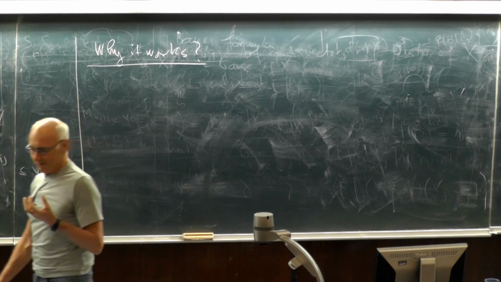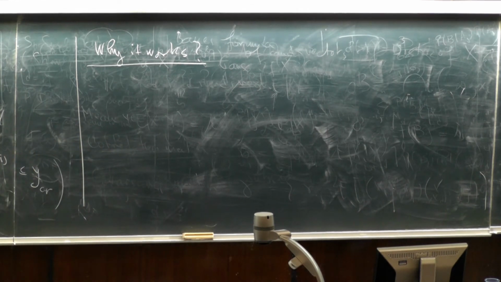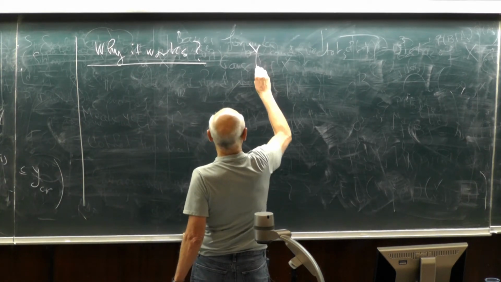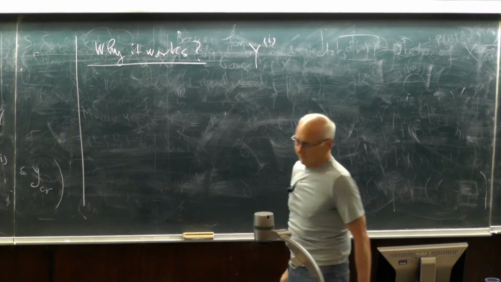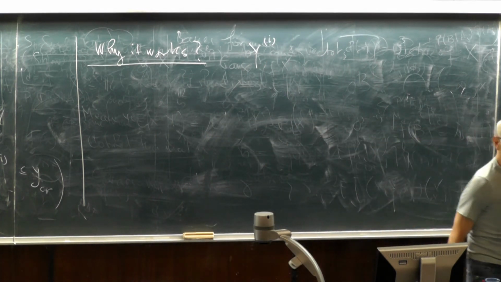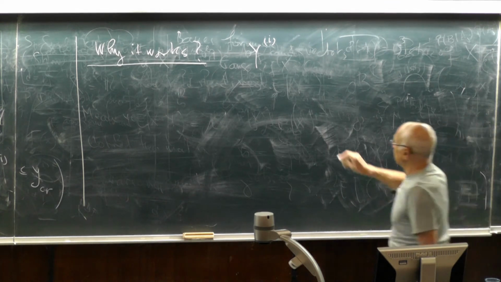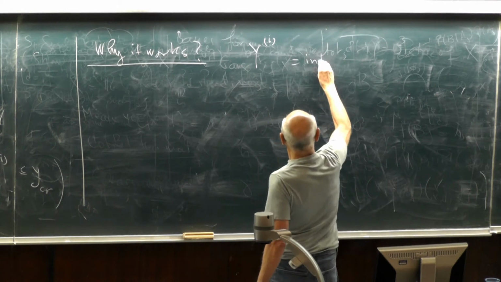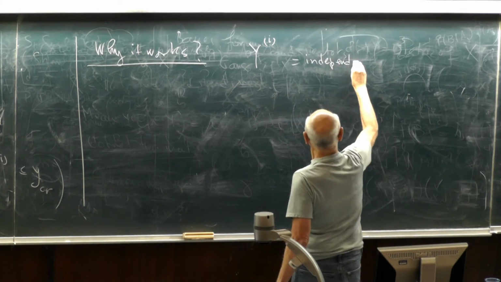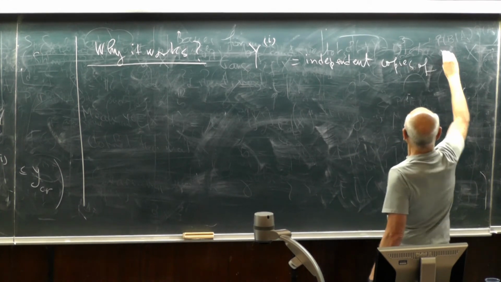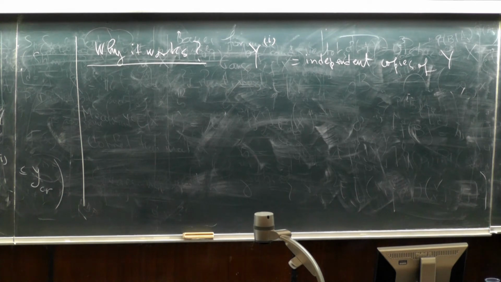We have to think again in probability terms. And this is what the thinking is. Call Yi independent copies of Y. Y is the output, right? So these are independent copies of Y. We defined Y, we know what Y is.